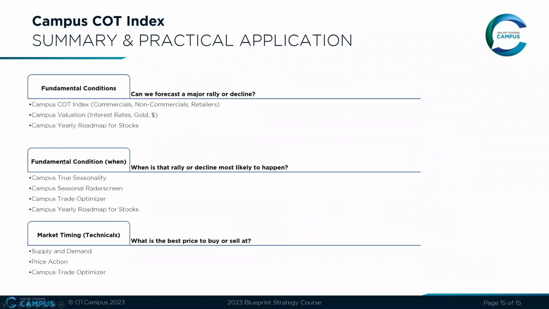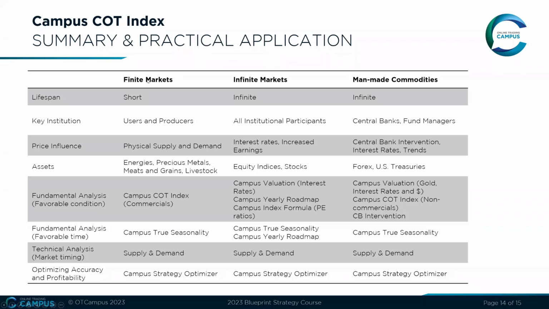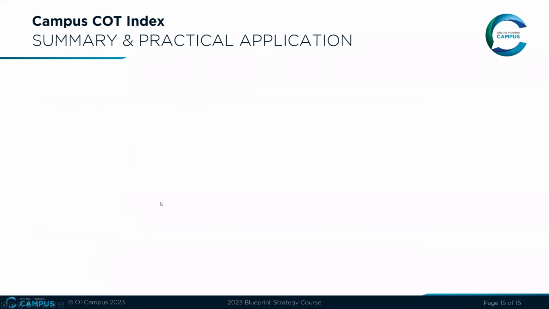If you still think about this on our first lesson, our first lesson of the strategy course, we talked about these are the questions that we have to ask. Can we forecast a major rally or decline? Well, what are we going to look at? Depending on what market we are trading, if we're trading a finite market, then we're going to look at the Campus COT index and we're going to look at the commercials.